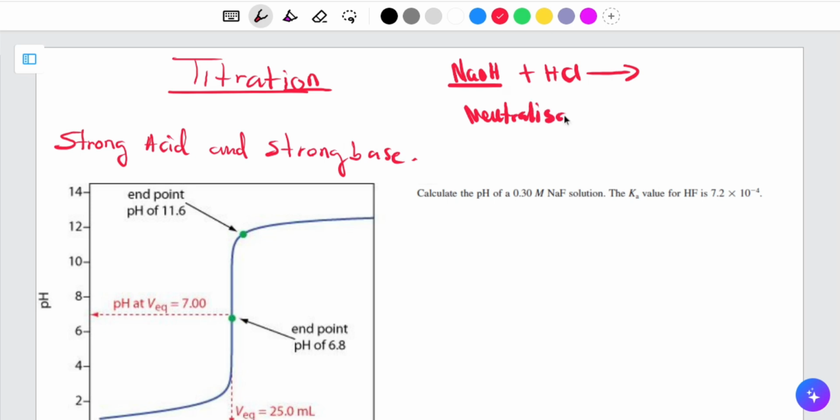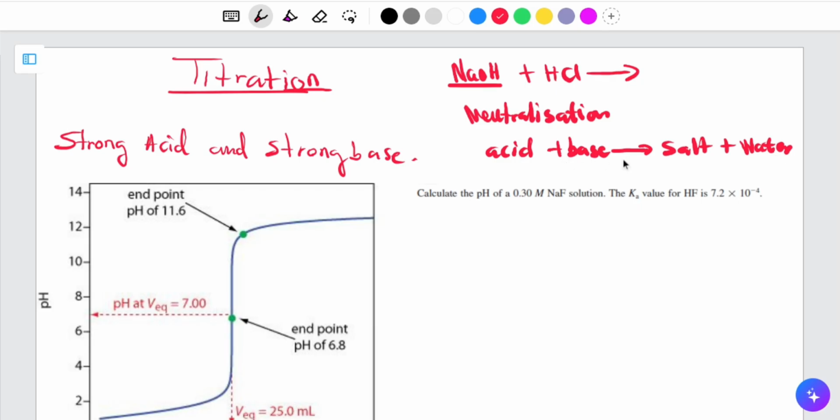You're adding an acid plus a base. Then what are you going to have? We are going to have a salt as well as water, H2O. So these are the 2 things you get when you react an acid plus a base.